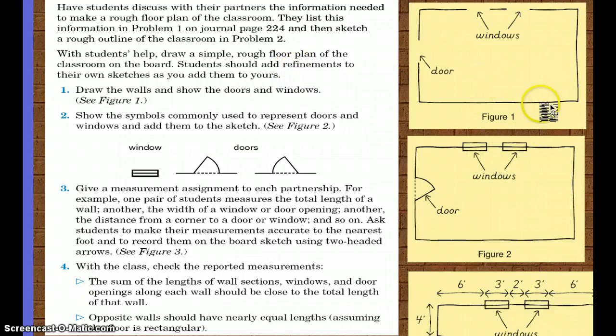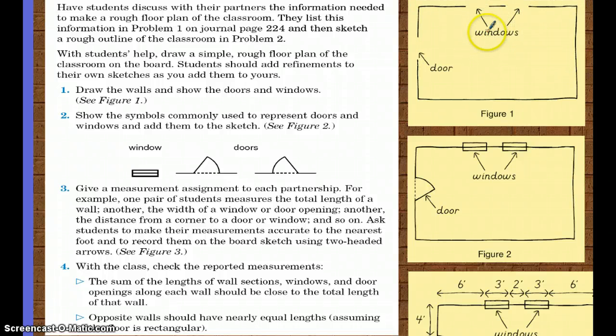You need to draw the walls, show where the windows are, and then look and see where the door is at. So if this were our classroom, the two windows would still be on the same side where they're showing you here. And instead of drawing just 2 sets, we would have 3 sets.